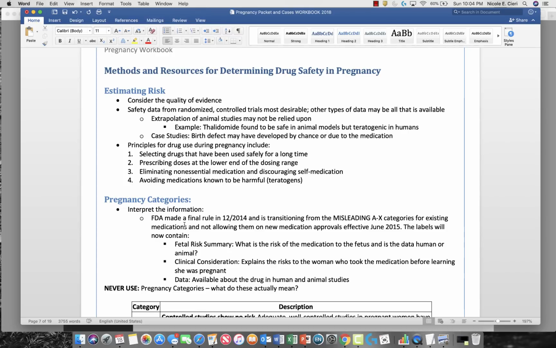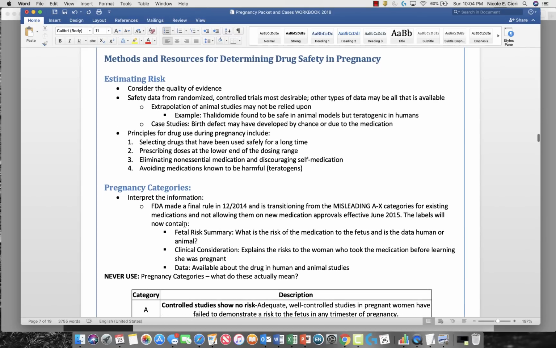So how can we determine how safe a drug is in pregnancy? So first we must estimate the risk. So we have to consider the quality of evidence, how strong it is. Safety data from randomized controlled trials will be what we prefer. However, it is very rare that that type of data is available for pregnant patients, as they're usually excluded from studies.